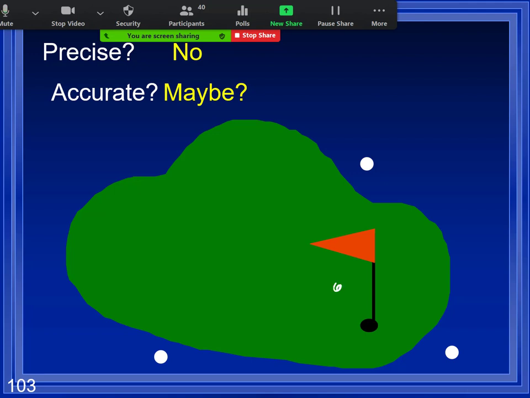The average shot is better than any of the individual shots. But would you trust it?